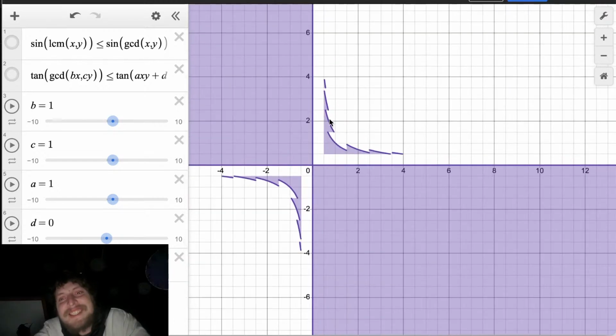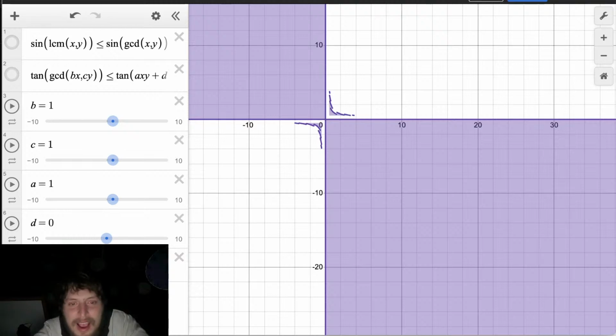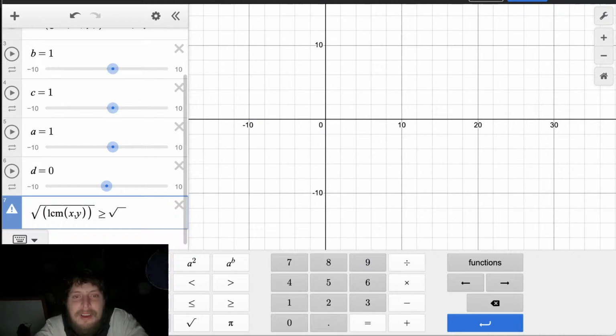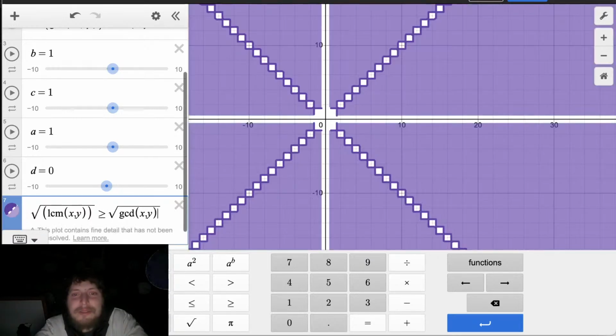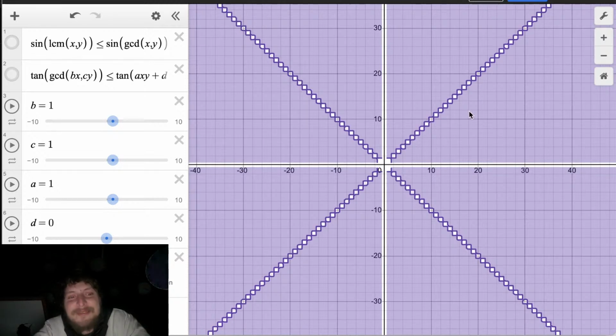It has these little miniature things, and then the rest of it's a void. And we're going to say square root of the greatest common denominator of x and y. Oh, that's kind of neat. It's not that detailed, but it's kind of cool.